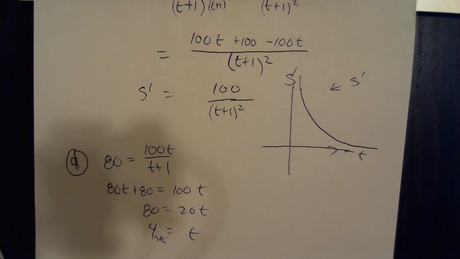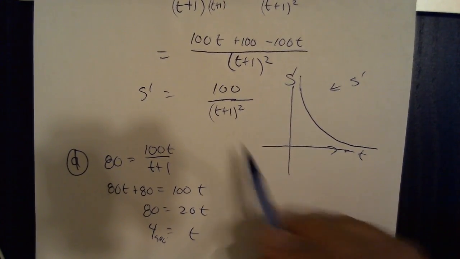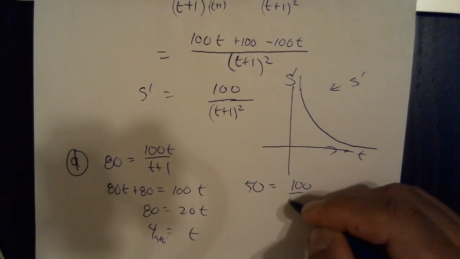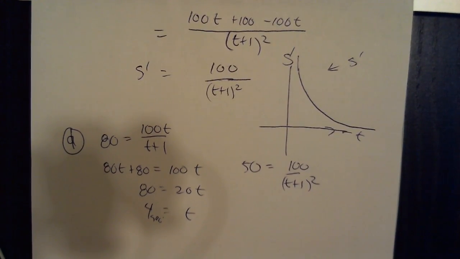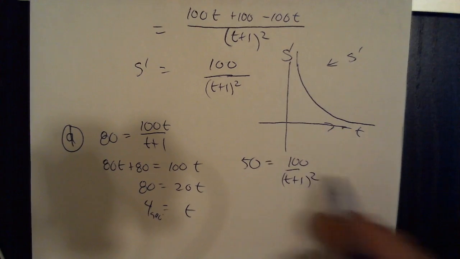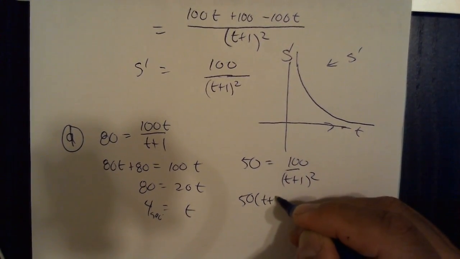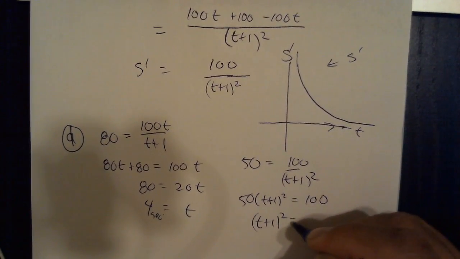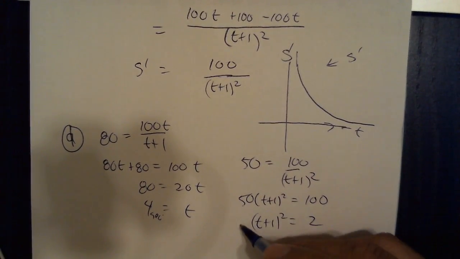And for E, at what time is the velocity 50 meters per second? So that would be our velocity here. So 50, when is that equal to it? Actually solving here, we'll get 50 times t plus 1 squared equals 100, and then we take the square root.